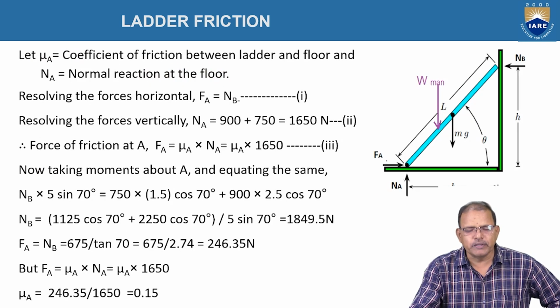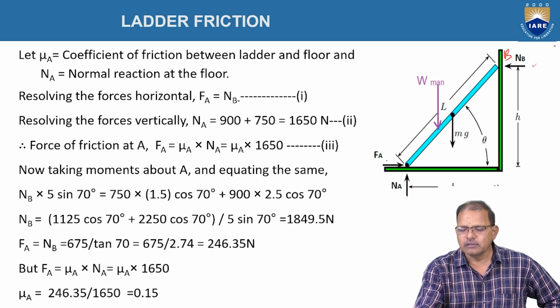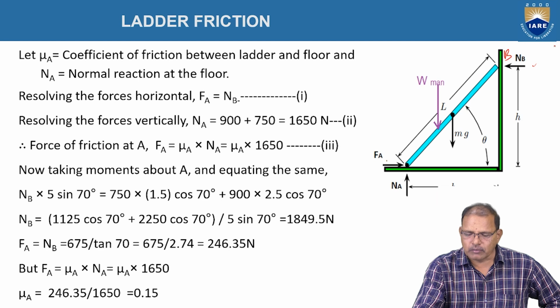Let mu represent the coefficient of friction between the ladder and the surface of the ground. NA represents the normal reaction at point A. And at point B, since it is resting against the smooth vertical wall, the friction force is equal to 0. NB represents the normal reaction, acting here in the horizontal direction.